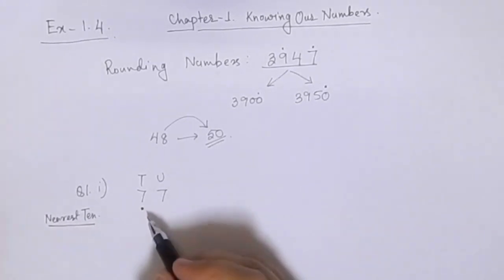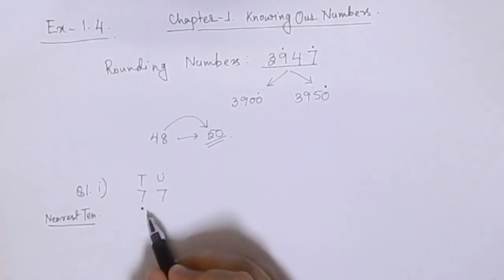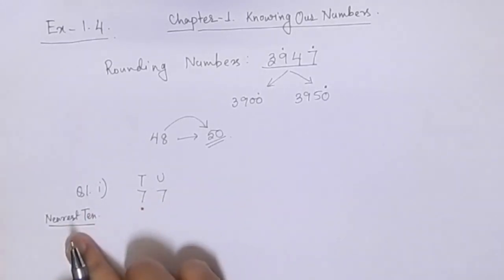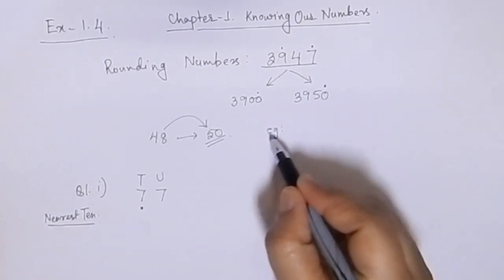You must remember that when you are rounding off any number to a particular position, my target is to change all the numbers to the right of it to 0, and to the left of it will remain unchanged. Let us see another example before we move forward.